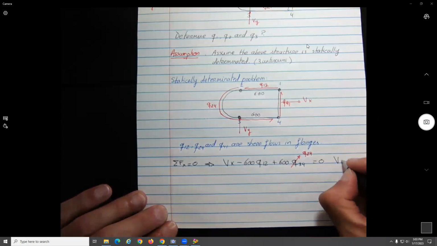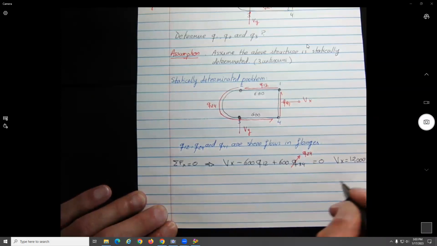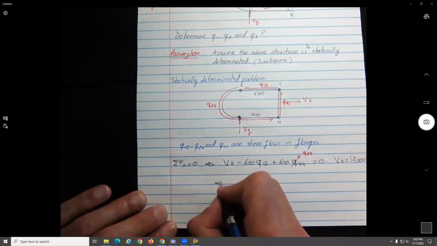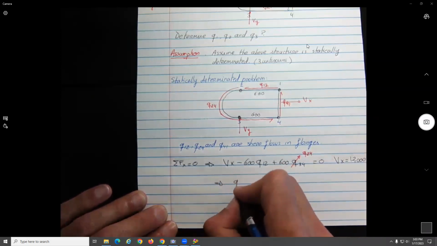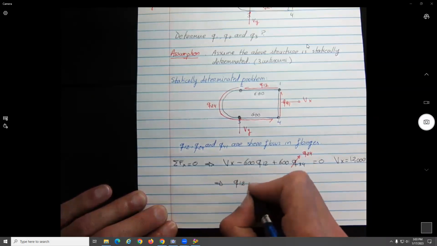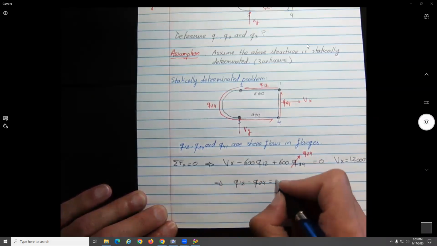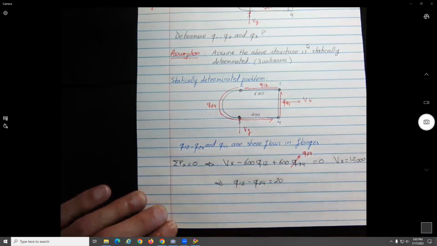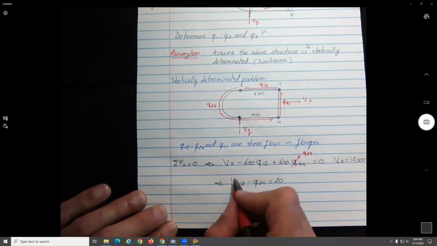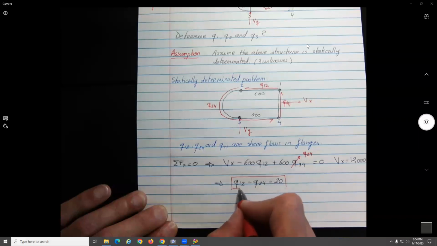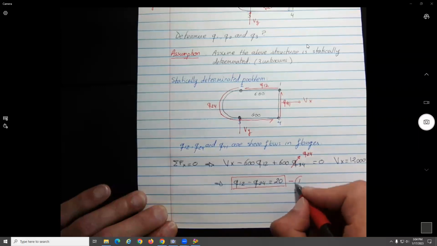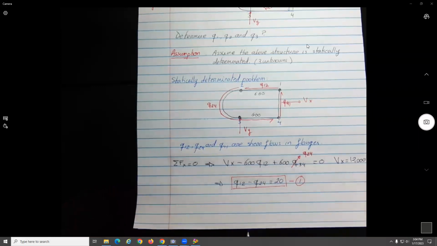So Vx in our problem is 12,000. So if you substitute the values, you're going to get one equation that will be equal to Q12 minus Q24 equals to 20. And this will be our first Q12, yes.